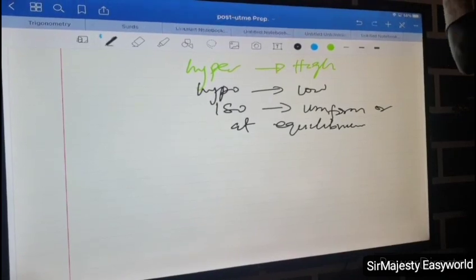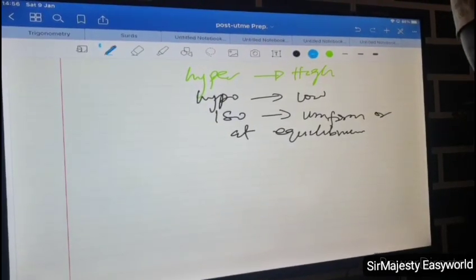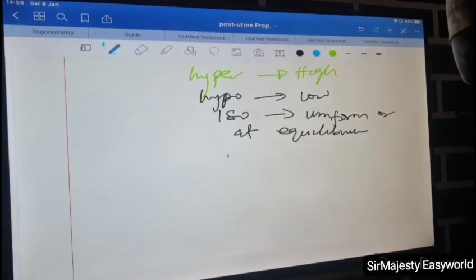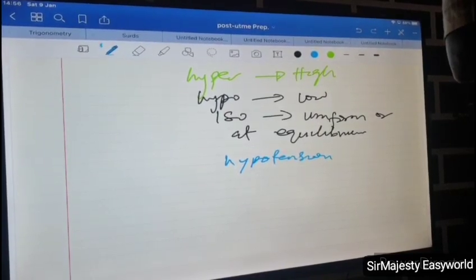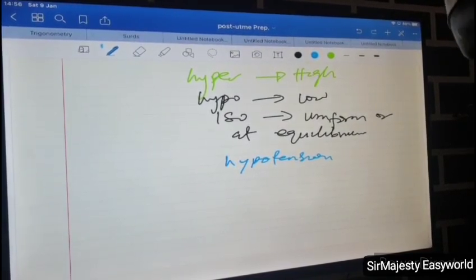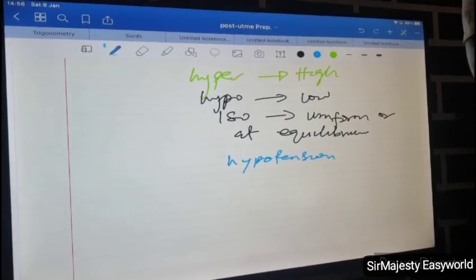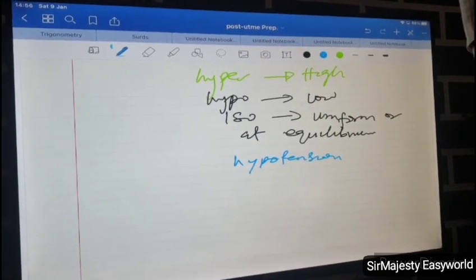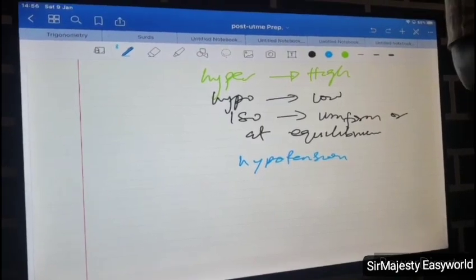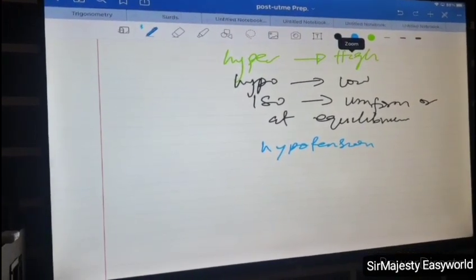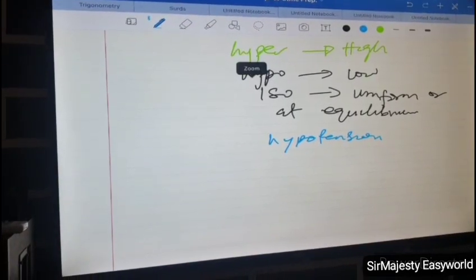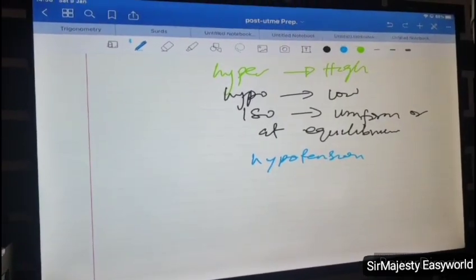So when you come across these terms I've just written now, sometimes you have what we call hypotension. You don't need to fear it. It means low blood pressure. Hypertension, high blood pressure. If you come across hypertonic solution, hypotonic solution, it means solution with higher concentration for hypertonic, and solution with lower concentration for hypotonic.